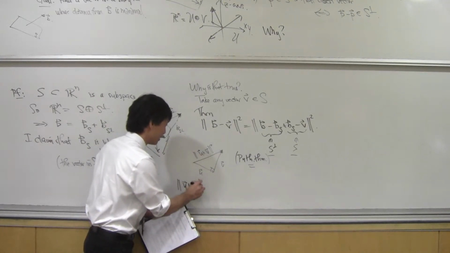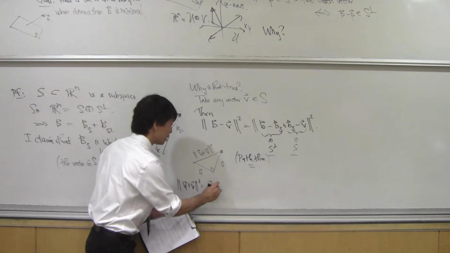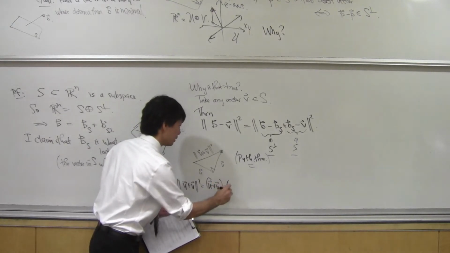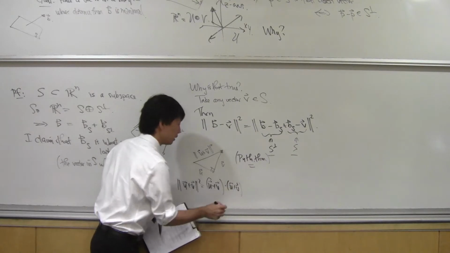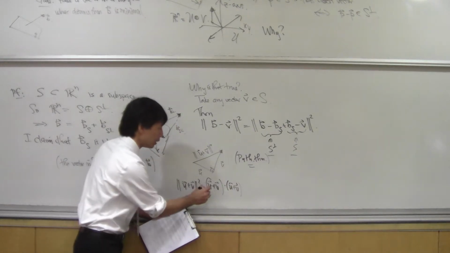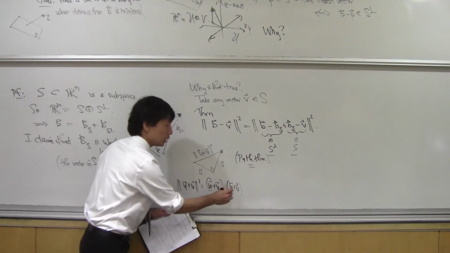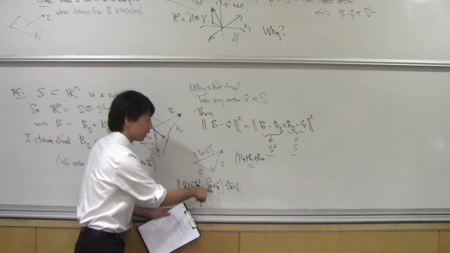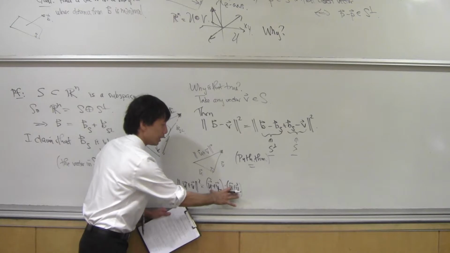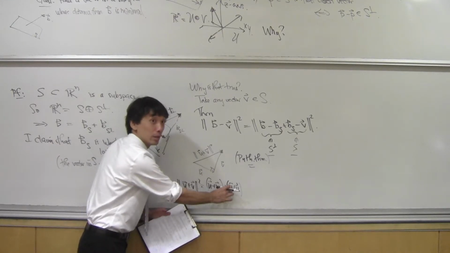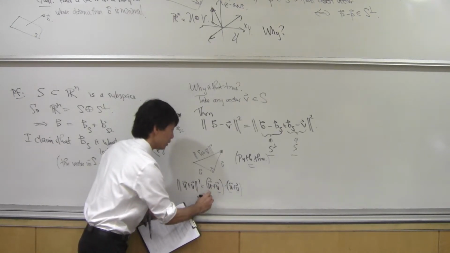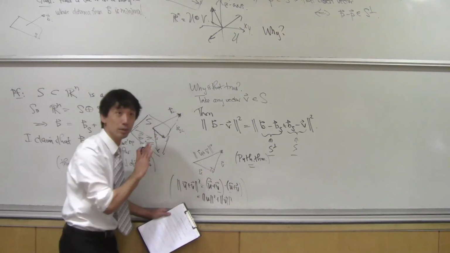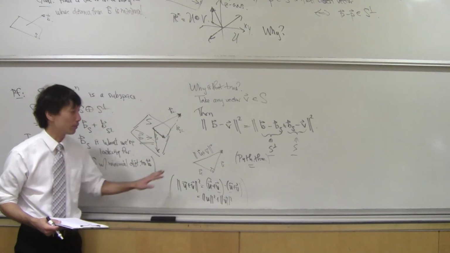This thing is the dot product of this against this. But u and v are perpendicular to each other, so when you take u dot v and v dot u, that's 0. And so you end up with the magnitude of u squared plus the magnitude of v squared.